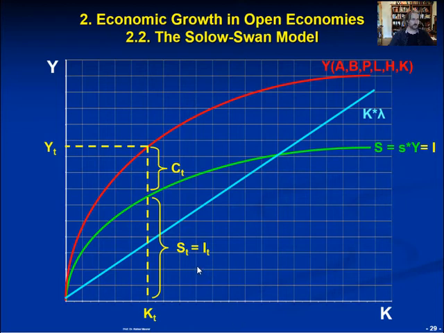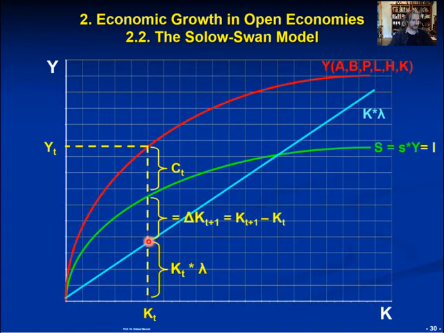Since we know that savings is equal to gross investment, we know that if we subtract from total savings the depreciation of this capital stock, which is equal to this line segment here, we receive net investment.